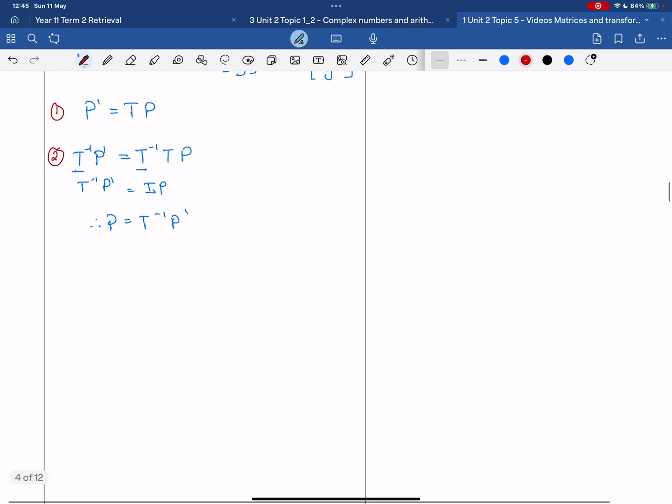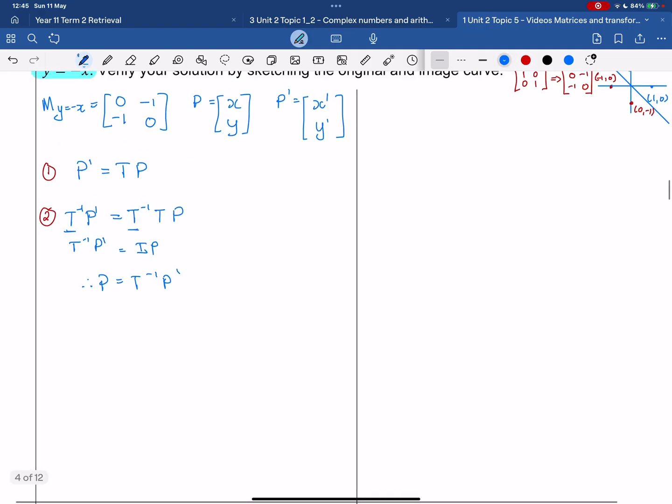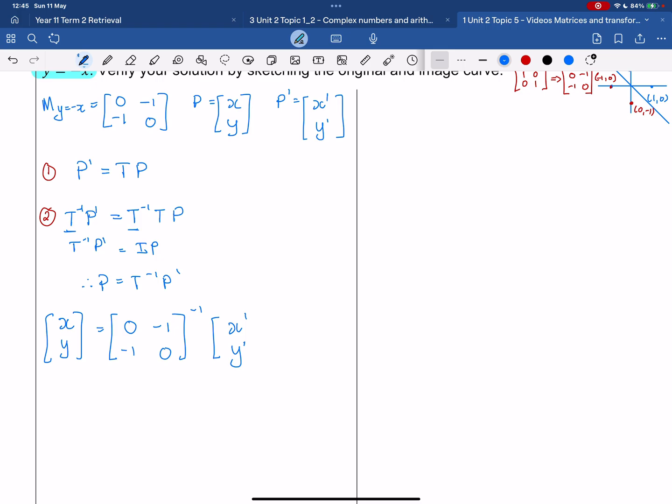All right, now we're going to actually show that work. So we're going to say, well, (x, y) is equal to the inverse of our transformation matrix multiplied by (x primed, y primed).